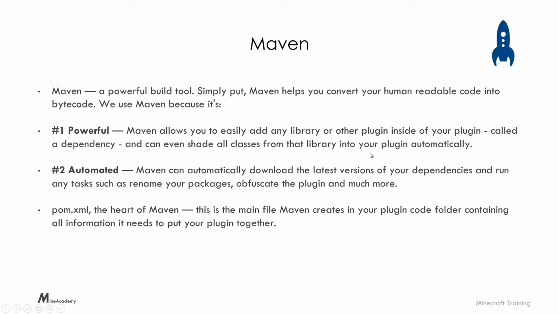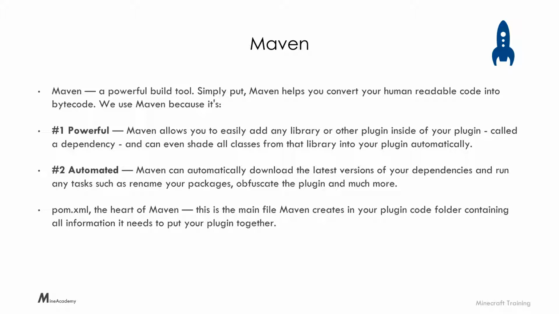So what is Maven? Maven is essentially a build tool. Now, what that means probably didn't tell you much. It simply helps you to convert your human readable code into bytecode, right? And we use Maven because, number one, it's very powerful, because it enables you to easily add any other library or connect to any other plugin inside of your plugin, right?